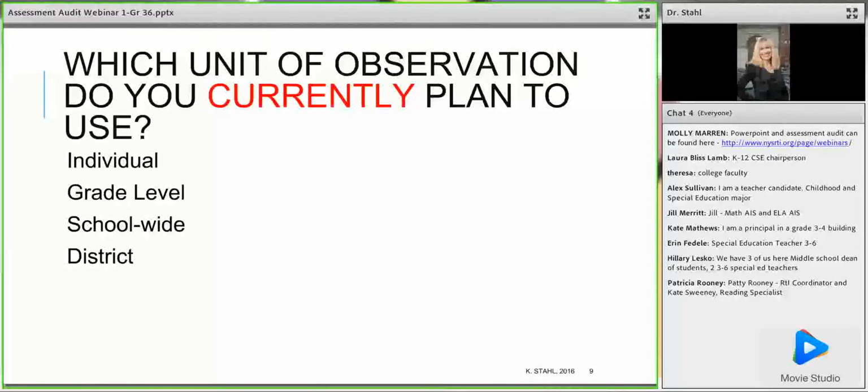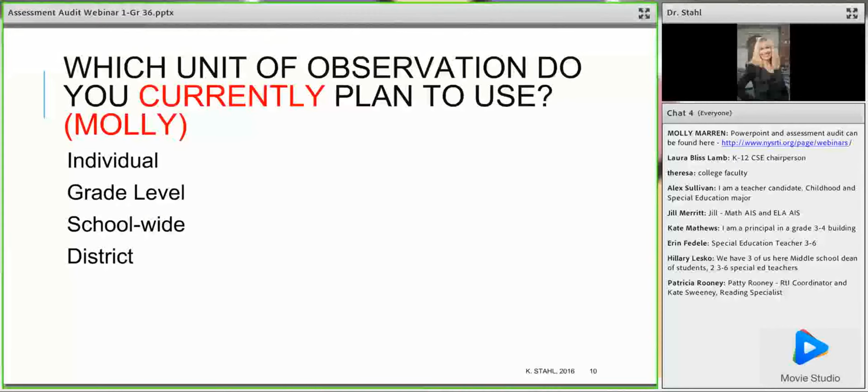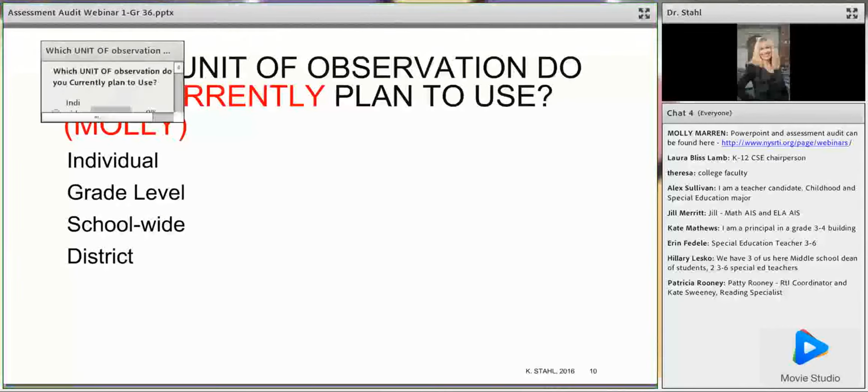You're a school principal or assistant principal or a literacy coach, and you're going to help your school do this? Or as a district level, do you really want to update and clean up your literacy assessment system? So what I would like you to do now is tally which you currently envision yourself doing.